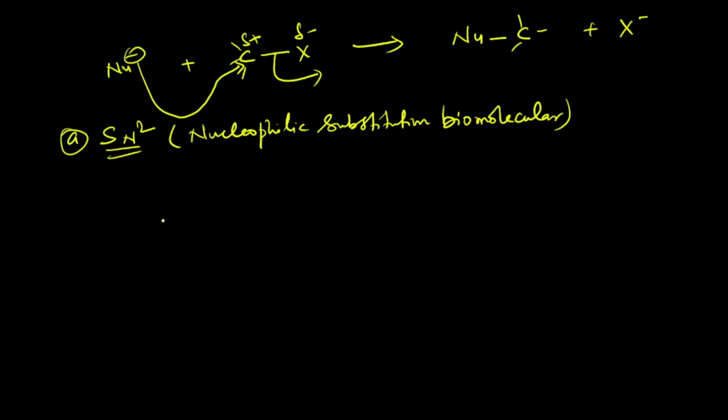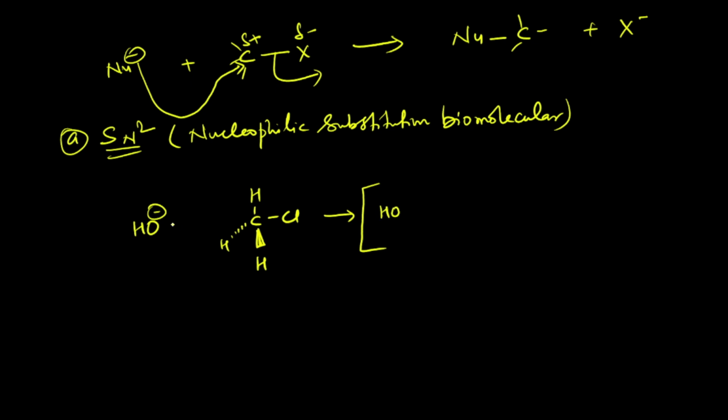Okay, so let's see. Suppose this is your nucleophile, OH minus. This is the compound we have. This is the carbon. One hydrogen is over here, another hydrogen here, and this is the third hydrogen. Now it is attached to this halide. So what is happening? This is not the intermediate which I am going to draw now.